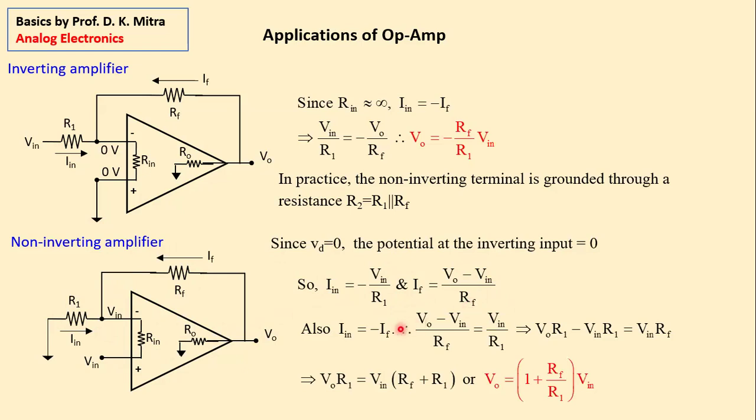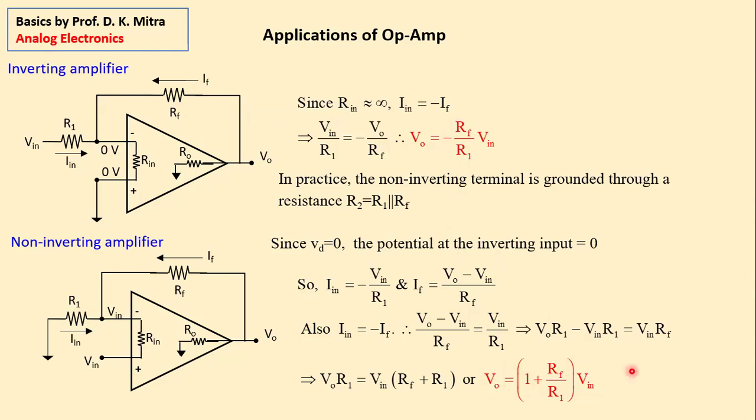Just solve these two equations, and since Iin is equal to IF, you find VO output is equal to 1 plus RF by R1 times Vin. Here, the inverting amplifier gain was RF by R1. Here, the gain is 1 plus RF by R1 with a positive sign. That is the only difference.